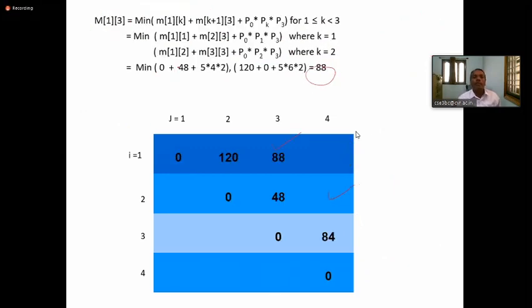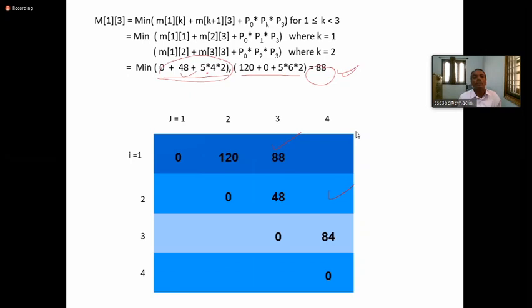M123 is 88. Whether this is giving the minimum value or this is giving the minimum value. What is this? This value is 120 plus 5 into 6, 30 plus 30 into 2, 60. 60 plus 120. That means it is more than this. That's why this is the correct value. Okay. This is your answer.